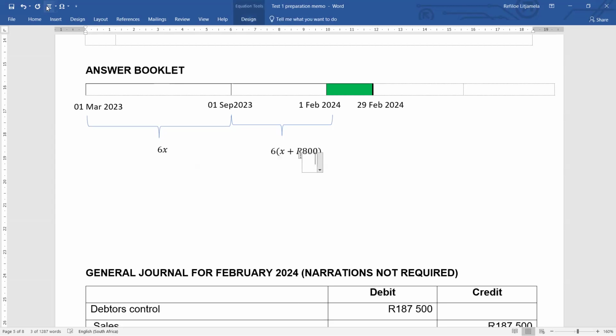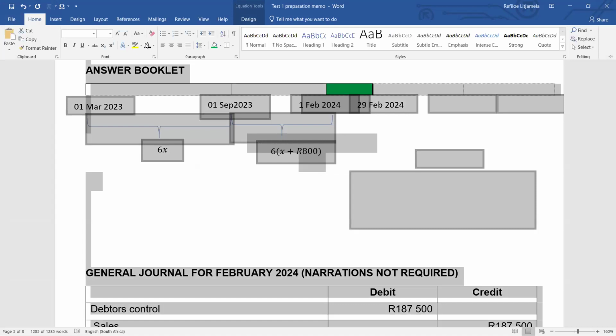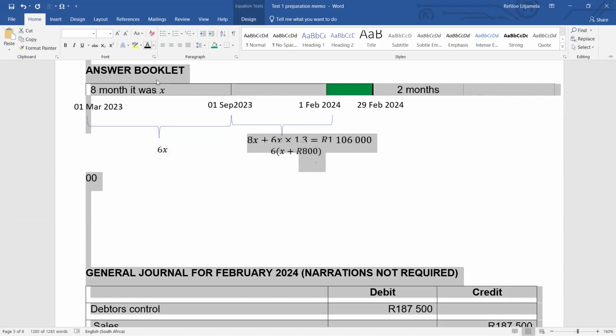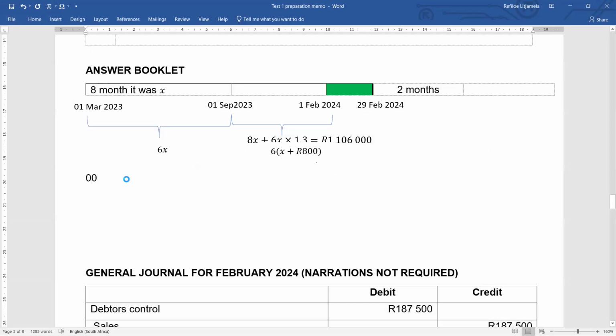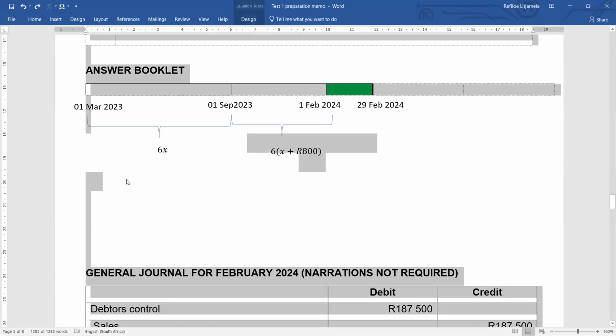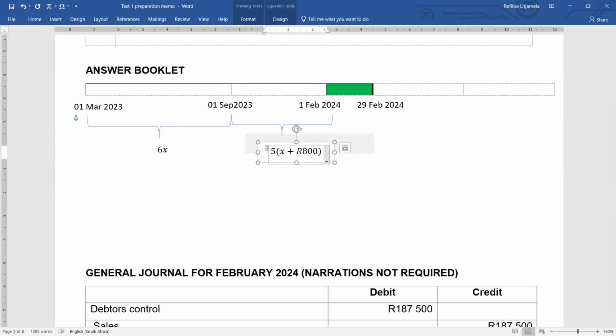So what are we going to have there? 6x plus... oh, yes, it's 5. Thank you. It's 5.